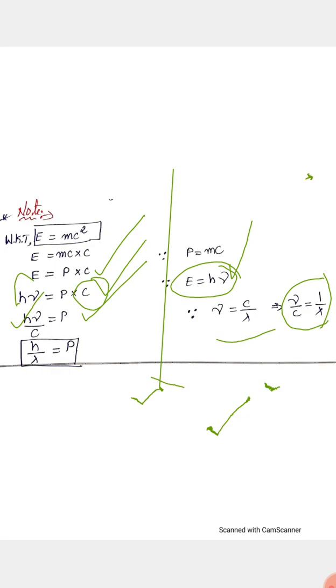If nu by c is equal to 1 by lambda, substitute here: in place of nu by c, we can substitute 1 by lambda, that is h into 1 by lambda is equal to P. P is equal to h by lambda. This point only I have explained here.